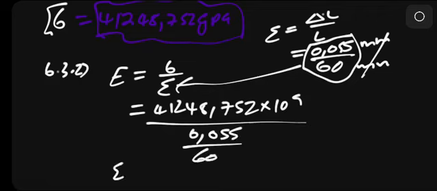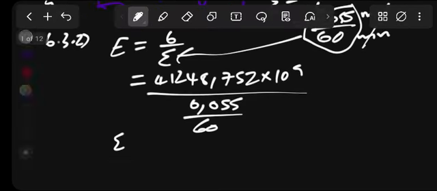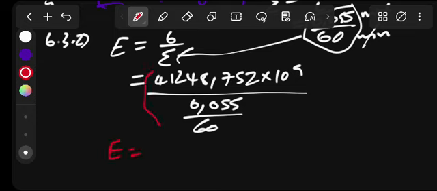Then we want our Young modulus of elasticity. What will be the Young modulus of elasticity here? Let's check. I punch this on my calculator, then I will have 41248,752 times 10 to the power of minus 9, divided by 0.055 divided by 60.